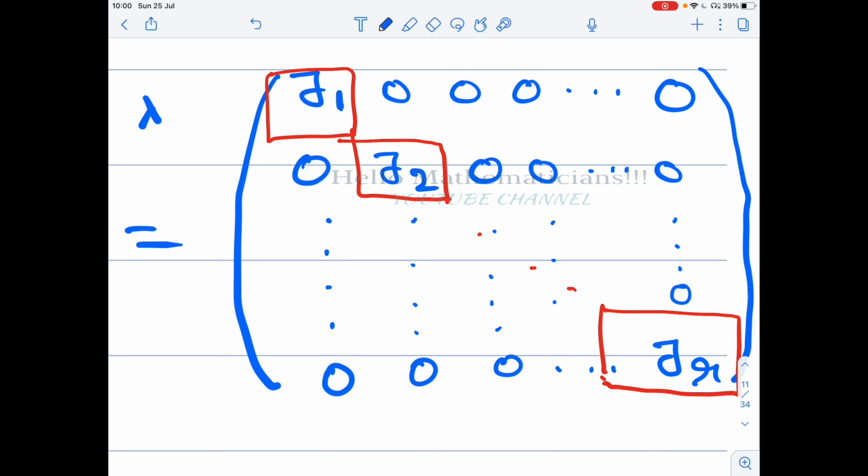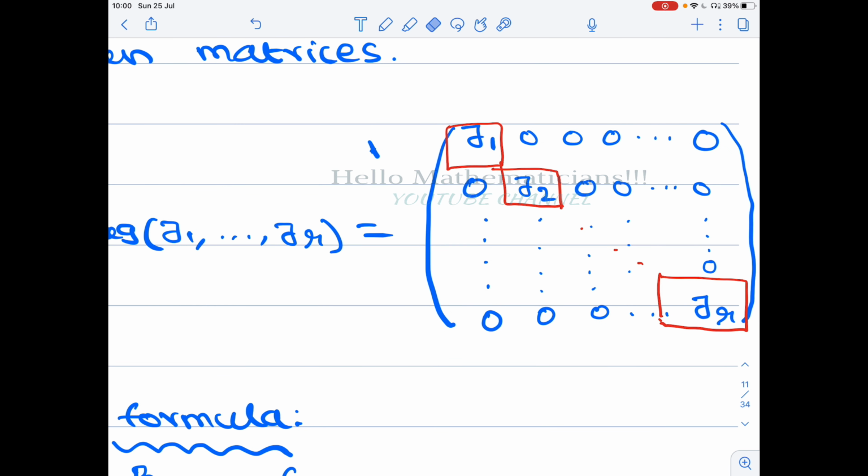Let's take its characteristic polynomial like this: (x minus lambda_1) to the power m_1, (x minus lambda_2) to the power m_2, and so on, up to (x minus lambda_k) to the power m_k.